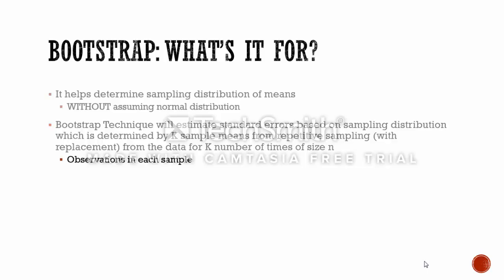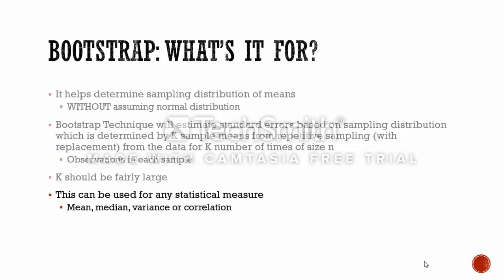So you're resampling your data. And k should be fairly large during this. Bootstrapping can be used for any statistical measure, such as mean, median, variance, or correlation. Today we'll be using the mean.